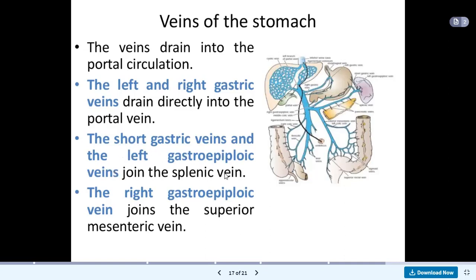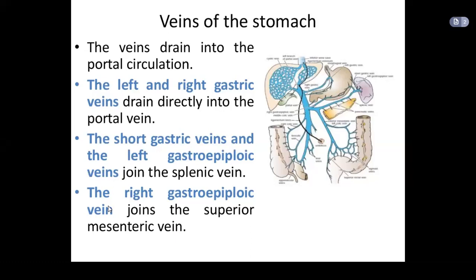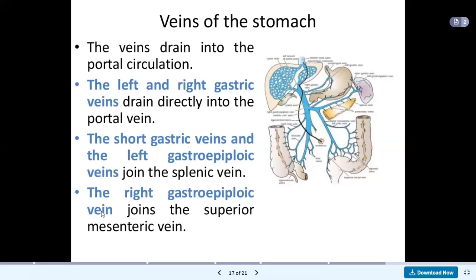They join the splenic vein, because the short gastric artery and the gastroepiploic arteries come from the splenic artery. But the right gastroepiploic artery came from the pancreaticoduodenal artery, so its vein will join the superior mesenteric vein.